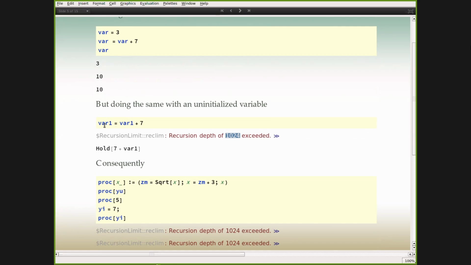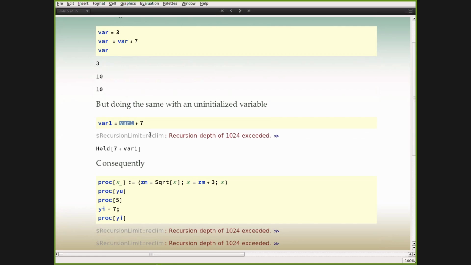Because what you define is just a rule which Mathematica is trying to apply. Or maybe not rule, this is the wrong word, this is a kind of relation. Mathematica now knows that var1 is nothing else but var1 plus 7, and since it knows that, it tries to use recursion.